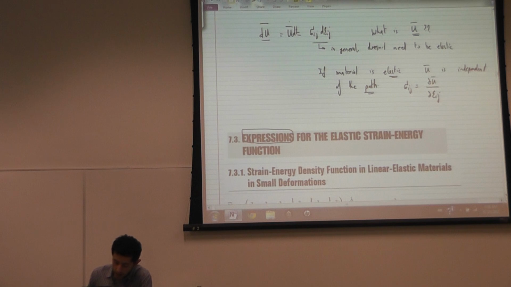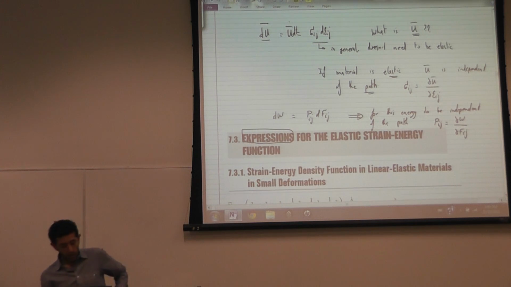And similarly, when we said that dw is equal to P multiplied by dF ij, again, for this to be independent of the path, P ij has to be equal to partial w by partial F ij.